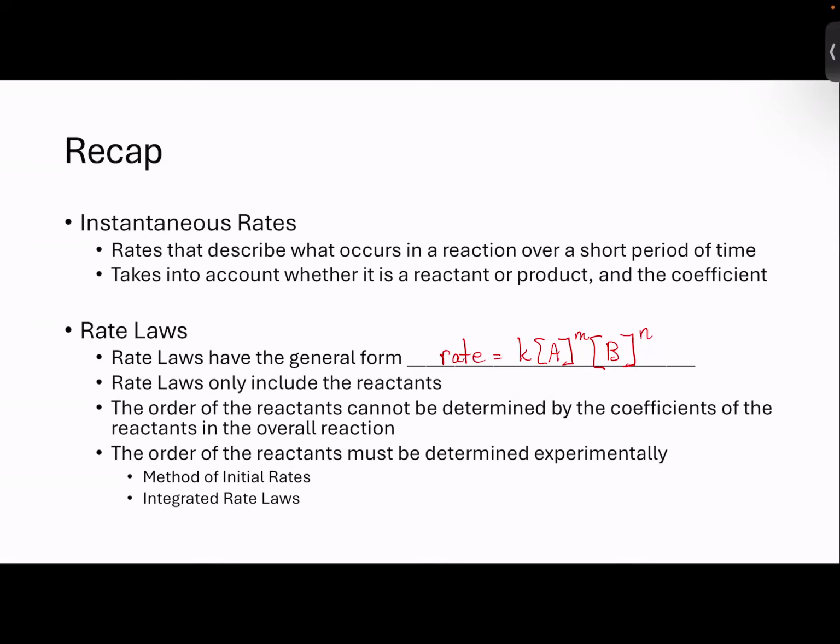It's always just the reactants. It's never products. It's never intermediates. It's just the reactants raised to their order, and those orders can be determined experimentally. What we're going to do today is look at why these orders are not necessarily related to the coefficients of the balanced chemical equation.